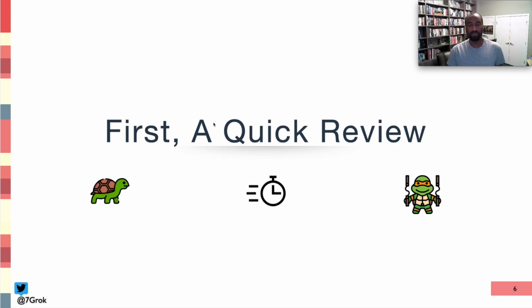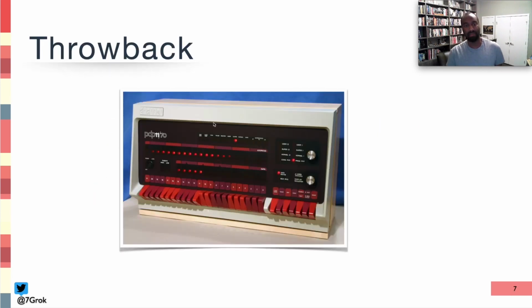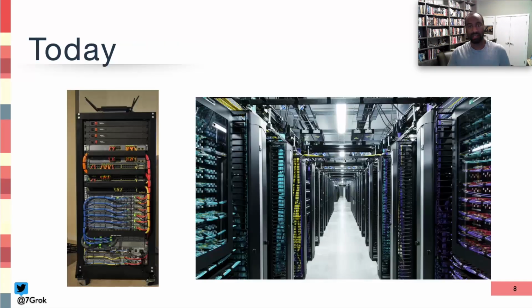Let's do a quick review and start by taking a step back. Here you have a replica vintage PDP-11 computer, a basic abstraction of an operating system, not 100% fully abstracted from the end user. You still have to use the front panel switches to set load addresses on the system. That was then.